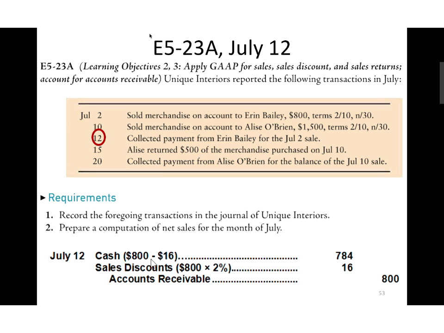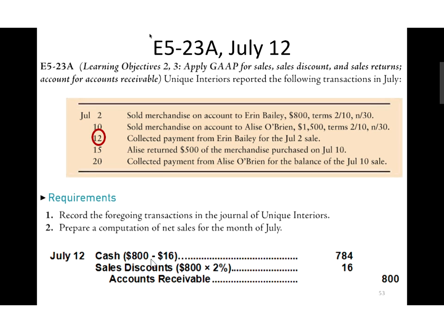Okay, so notice she pays the cash, which is less the discount. We remove accounts receivable because she doesn't owe us $800 anymore. The sales discount is a contra sales account, which means it reduces sales.